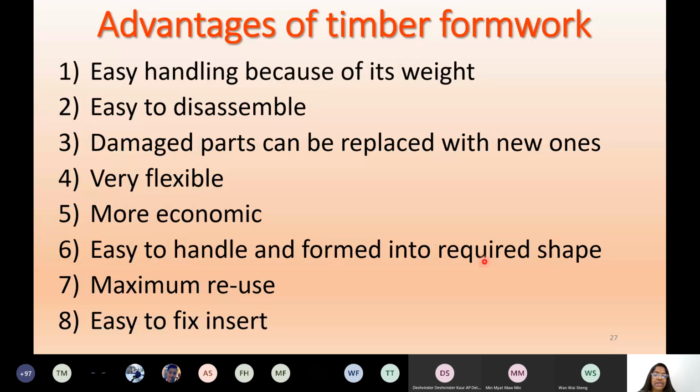All can be achieved easily by using the tools at the site. Because if it is steel, you have to melt it, you have to weld it. Customizing is very difficult compared to steel. It is easier here compared to steel.